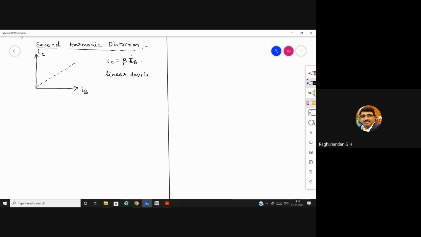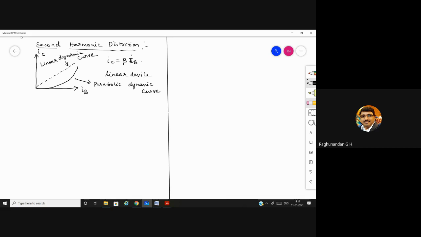So we should get a linear curve, but actually we will not get this linear curve. Instead, we will be getting a parabolic curve like this. This is the parabolic dynamic curve. This is the linear dynamic curve.